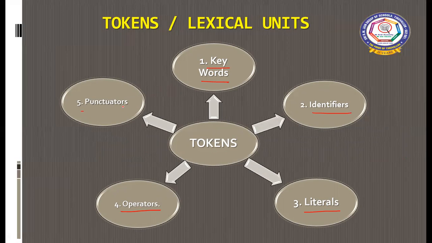And we have punctuators, like opening and closing parentheses. All these form lexical units, that is, each and every individual unit in your coding, and we call it a token.